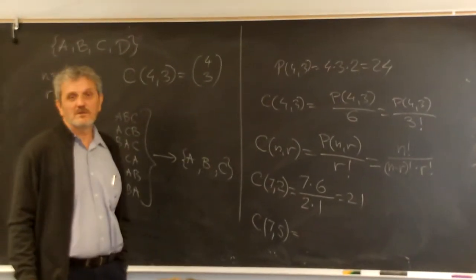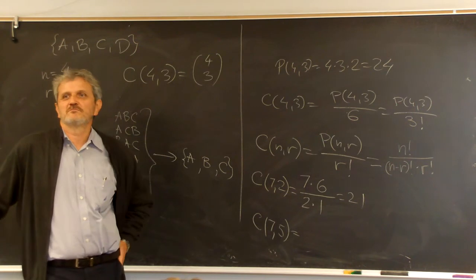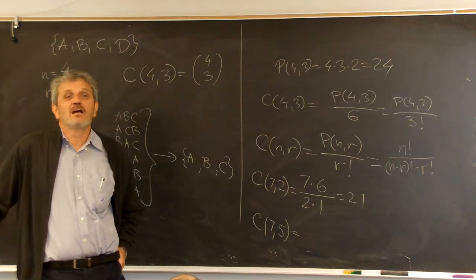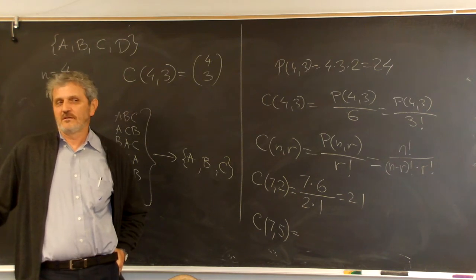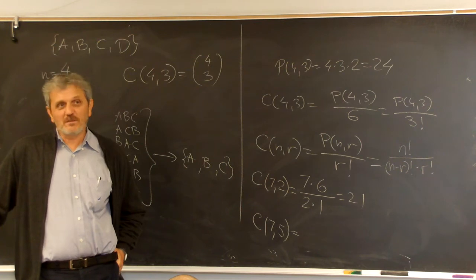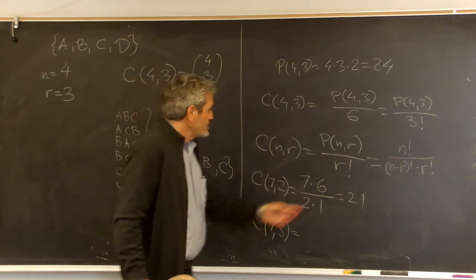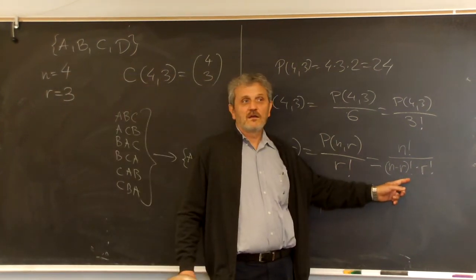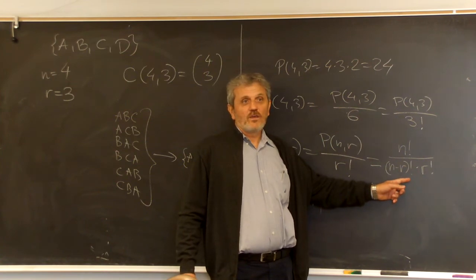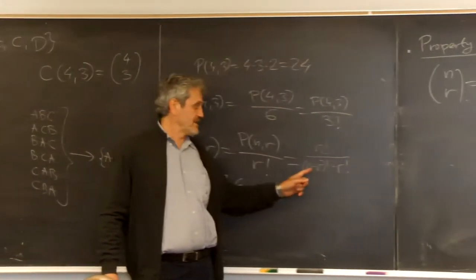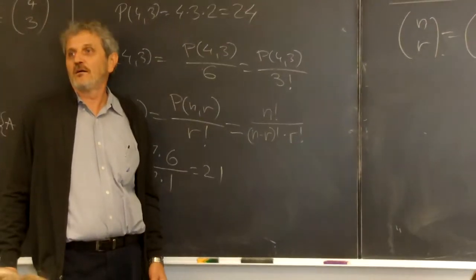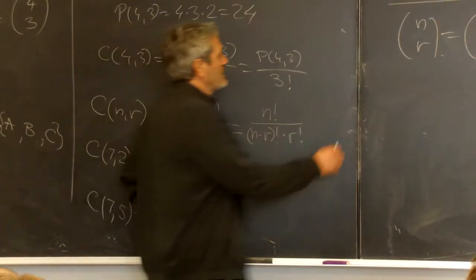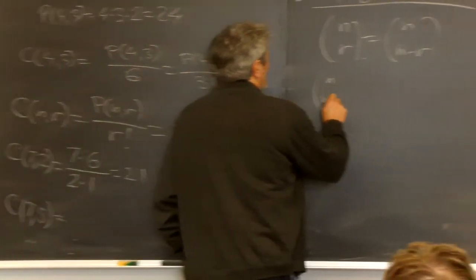Why is that true? Is it easy to prove this here? I remember once I asked this question on the exam, and I don't think there were two good responses. And you know what the proof is? Just this. Look at this. If I put r, is this condition symmetric for r and n minus r? Yes or no? So, when you write the proof, how much is n choose n minus r?